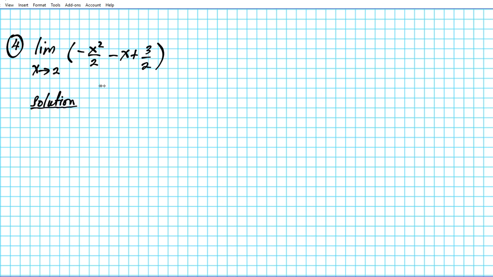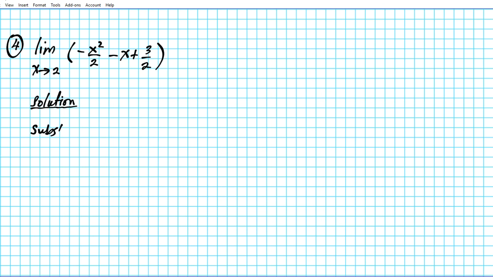Alright, let's throw some rational terms into the mix and see how that looks. So let's say you want to find the limit as x approaches 2 of the function negative x squared over 2, minus x plus 3 over 2. Alright, so what kind of limit is this? This is a finite limit, and we are asked to evaluate it algebraically. So we're going to use substitution.